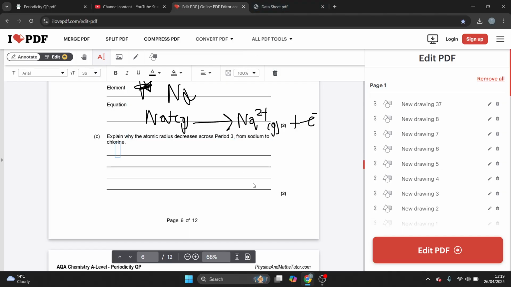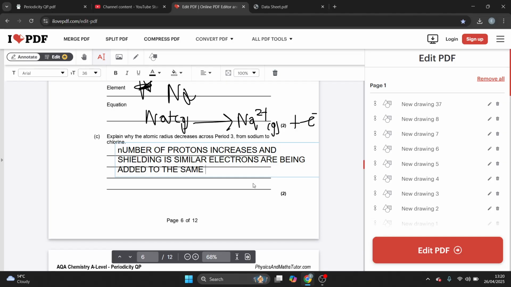Because the nuclear charge, or the number of protons, increases and shielding is similar. Electrons are being added to the same shell.